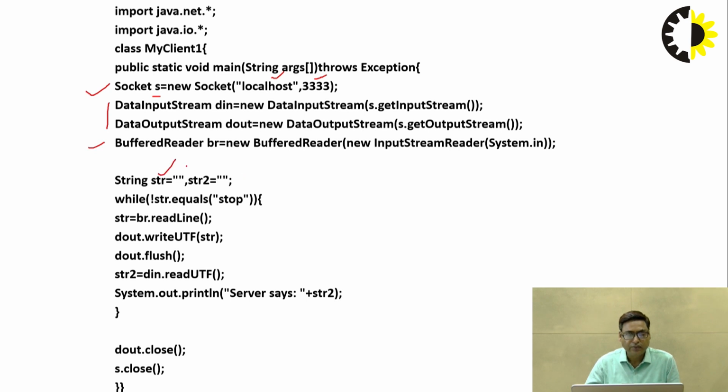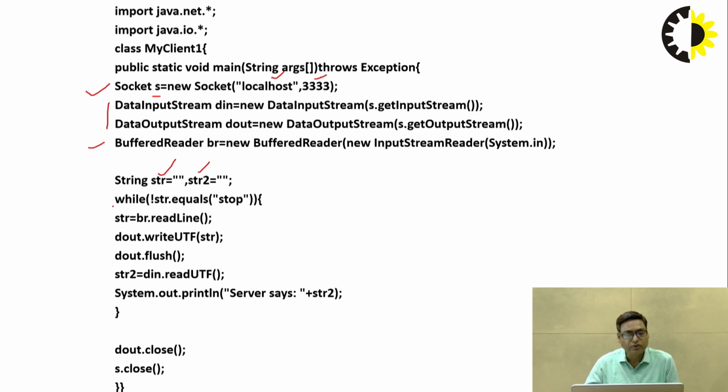So we have str and str2. You can see both programs are similar, and the important difference is that in the server we are using the server socket class to designate that this program is for the server, and in the client we are using the socket class only to designate that this program is for the client.